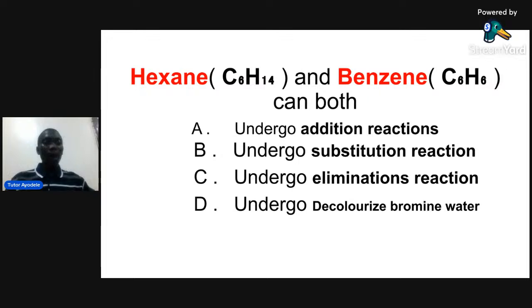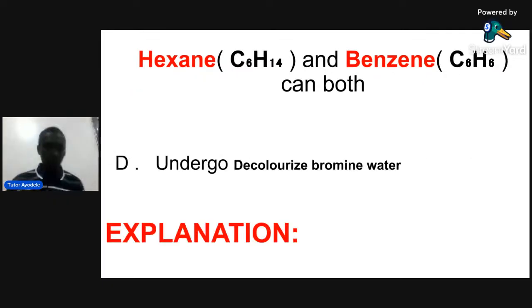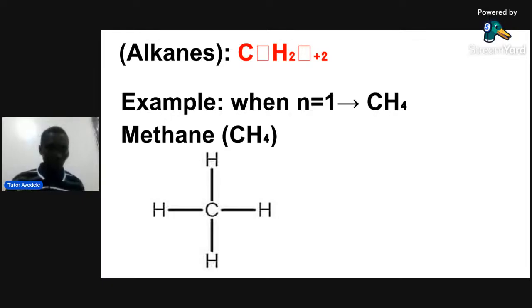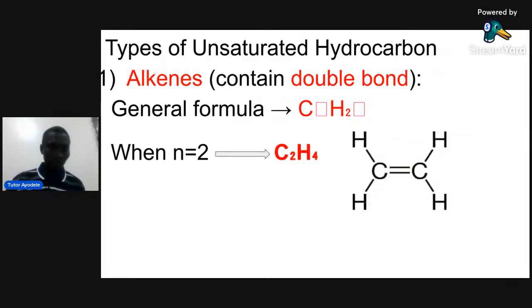Alkane has a single bond, so it does not undergo addition reaction. Alkane undergoes substitution reaction only. So that option is wrong. Option C is also wrong. Elimination reaction, no. Alkanes undergo substitution reaction, while benzene undergoes both of them. Okay, let's move on to the next question.